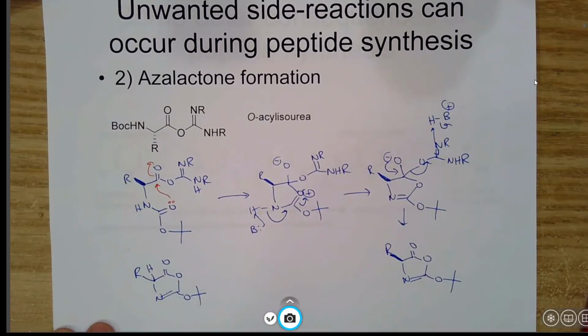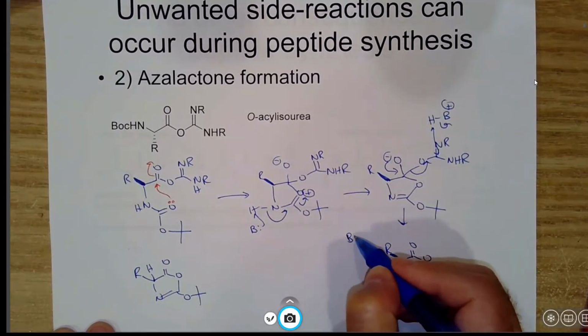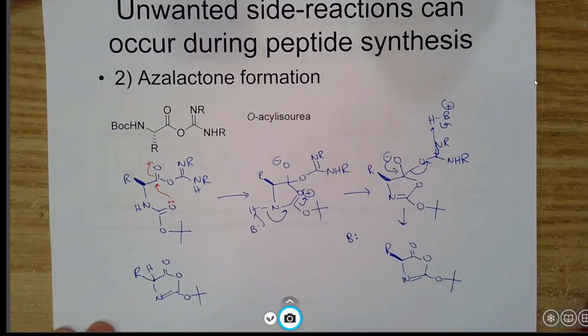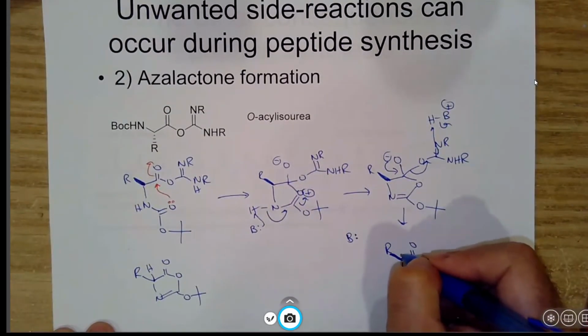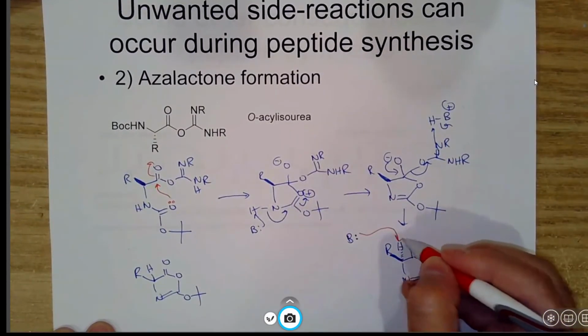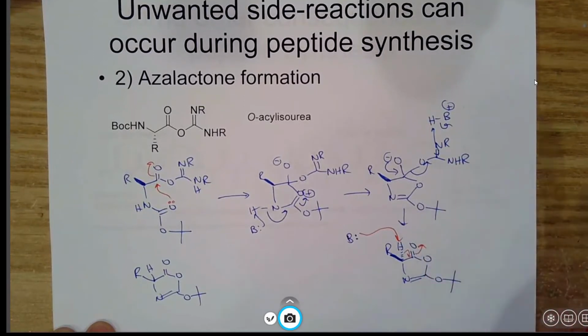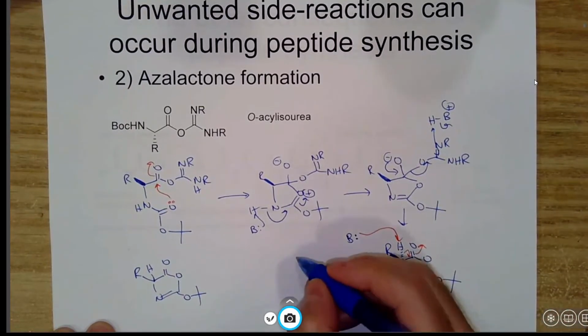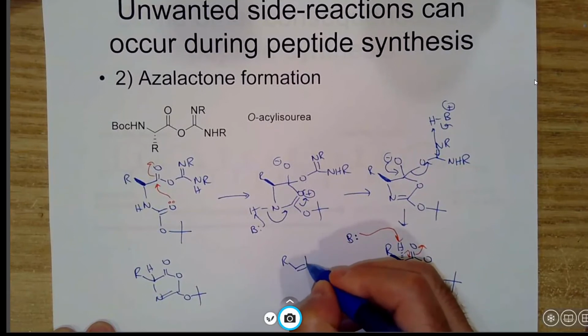So why is that? How does that happen? And remember, we have a weak base around. So I want to bring your attention to this proton here. If we remove it, we can form this compound here that looks like this.